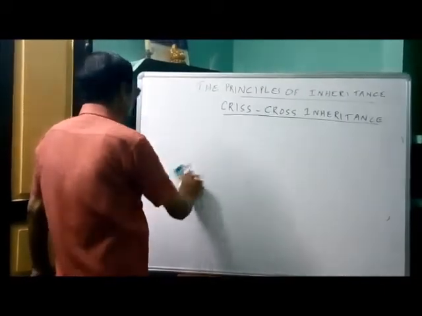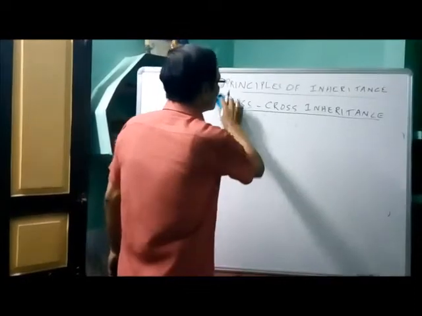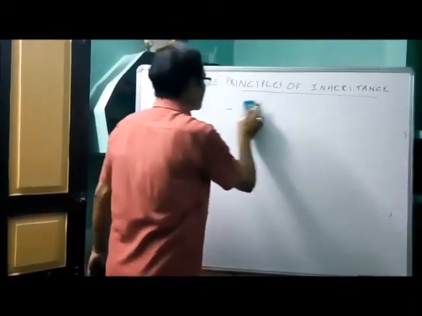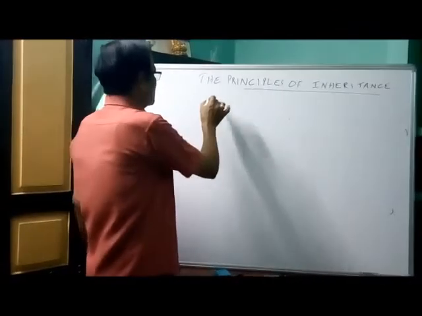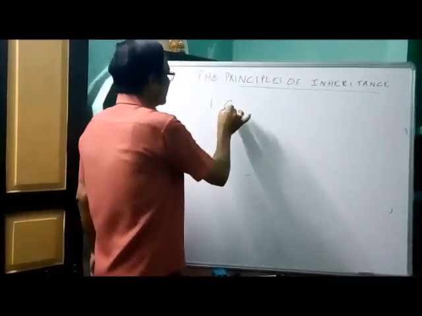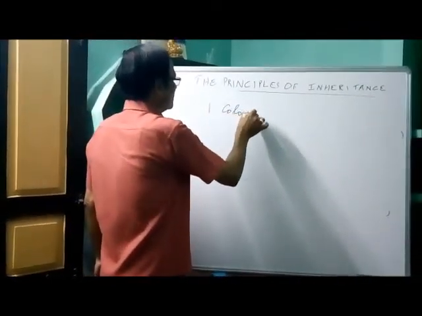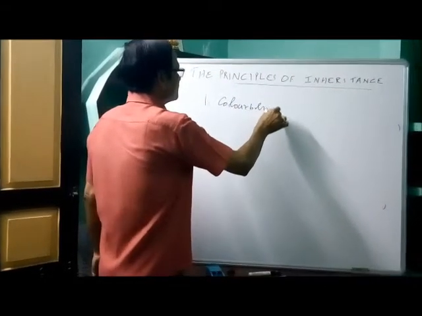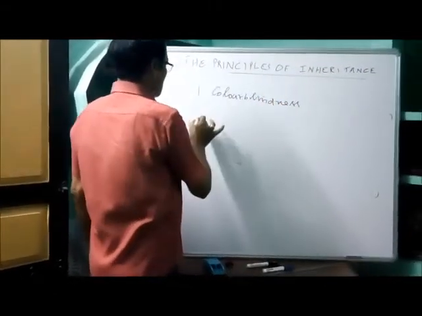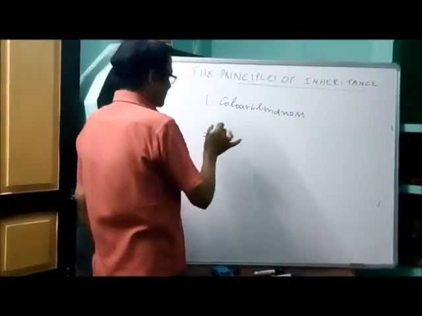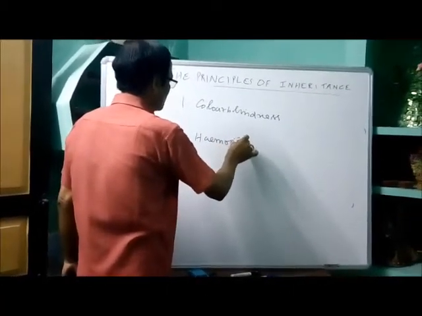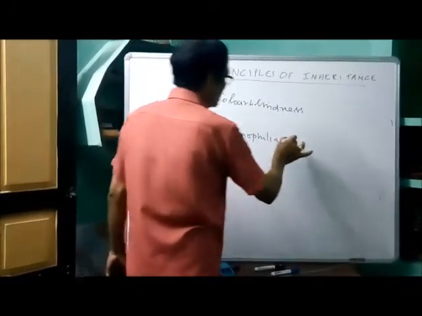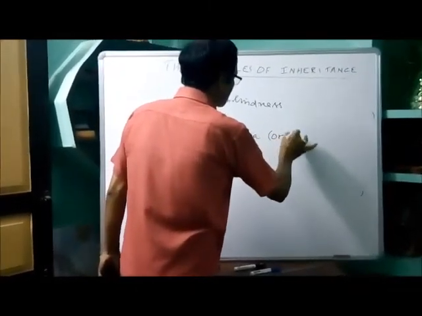We have many examples of the crisscross pattern of inheritance or sex-linked inheritance, and mostly they are disorders. Number 1, color blindness. Number 2, hemophilia, or Bleeder's disease.